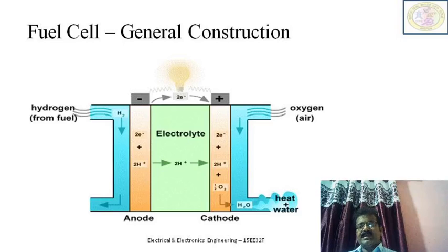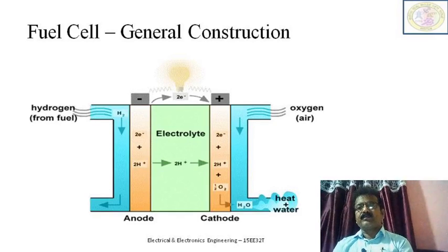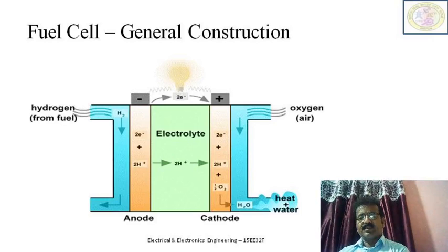Both the electrodes are made of porous material. The porous anode is immersed in hydrogen at a certain pressure, which acts as fuel bubbling across the anode.